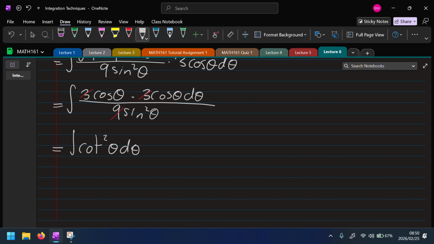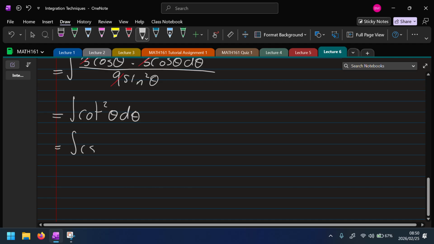So integral of cot squared, what do we do? Check your notes. We did it last week. With the tan squared and the cot squared, it was one of the examples. Cosec squared minus 1. Good.